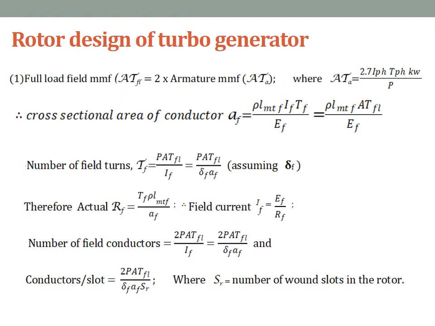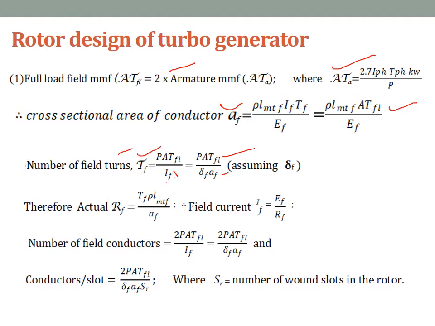Now rotor design of turbo generator. Here the full load MMF ATFL is equal to 2 times armature MMF ATA. So ATA is found out using this equation. Again, cross sectional area of conductor is found out using this equation. Now number of field turns can be found out using this equation. So IF is equal to delta F AF. Once you know IF, you can find out other parameters, so you can find out TF here.